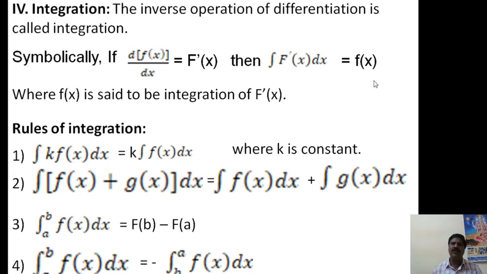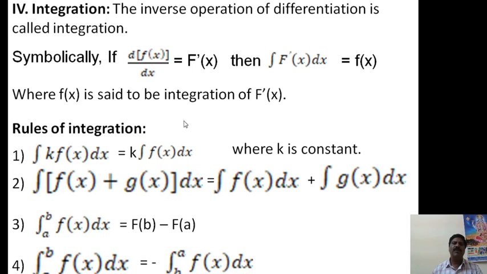The original function f of x is said to be the integration of f dash x, the first derivative of that function.